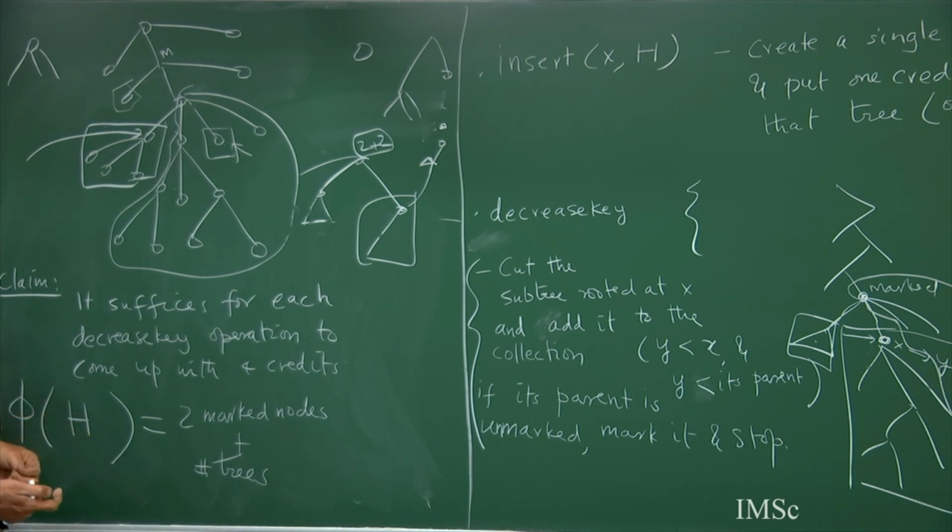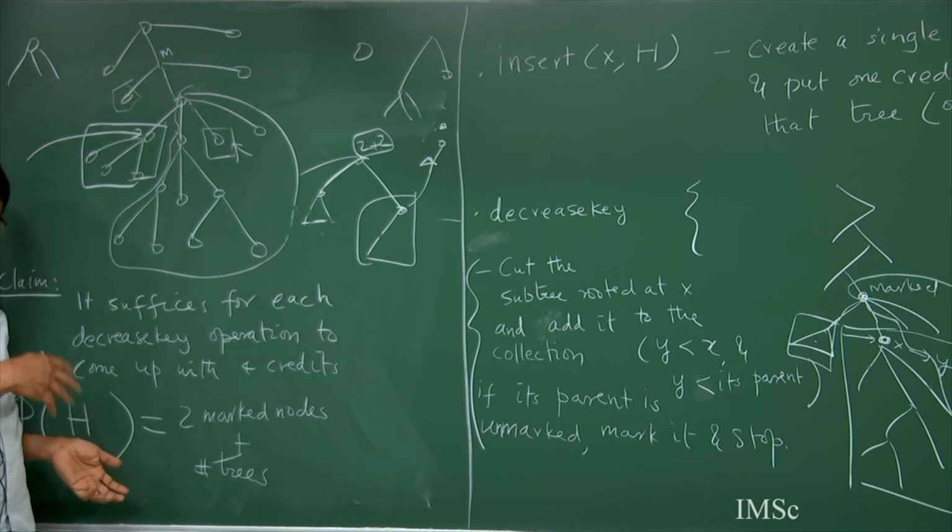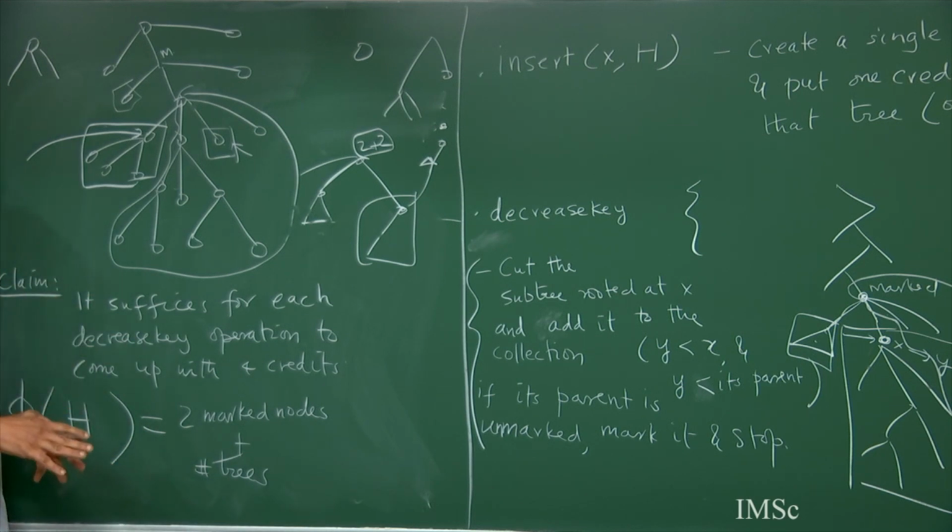For decrease key, the actual cost varies because there may be a lot of cascading cuts it's doing. Suppose it's doing some L such cuts. Then what happens to the potential? The number of marked nodes decreases by that much, right?